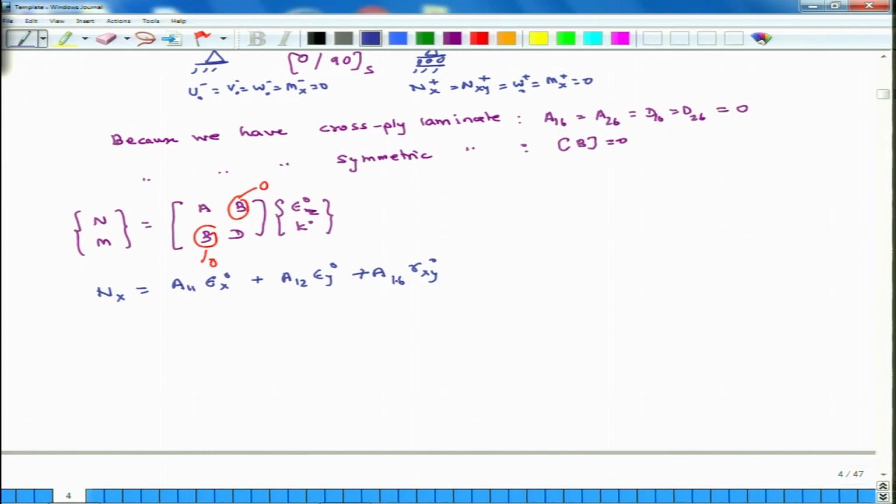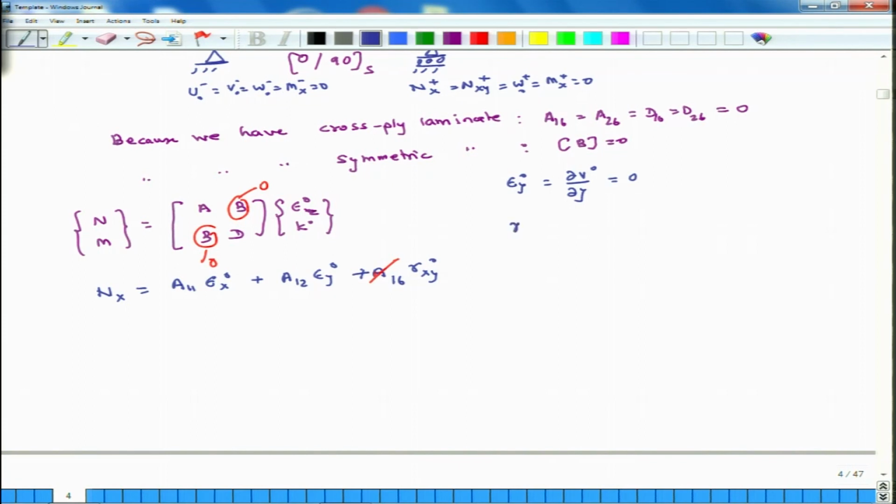But we know that A16 is 0 because it is a cross ply laminate. So, what is epsilon y? Epsilon y naught is del v naught over del y, and because it is a partial derivative of y, this is also 0.